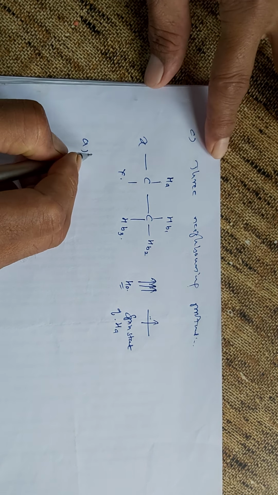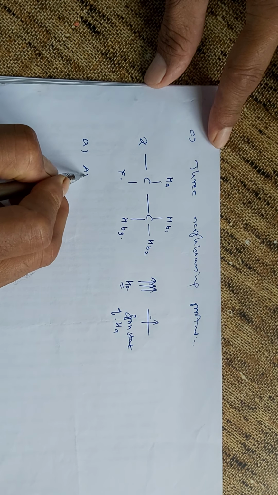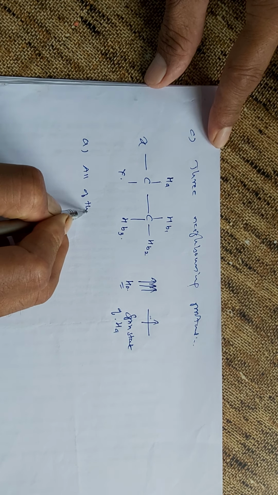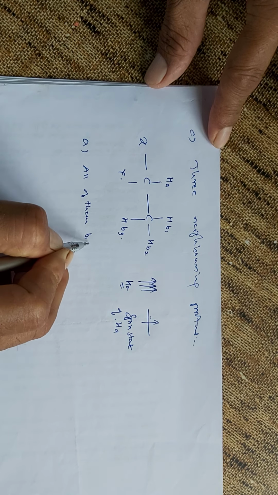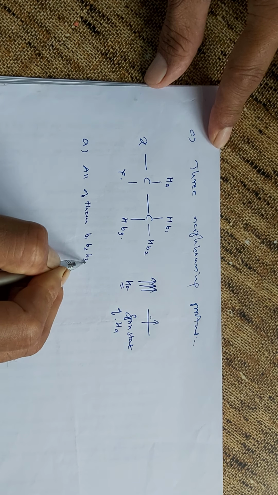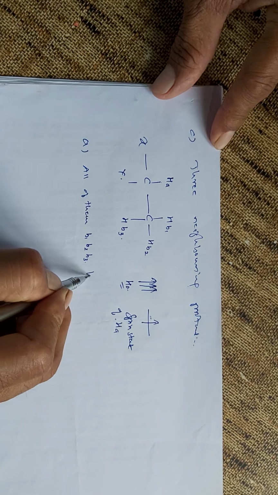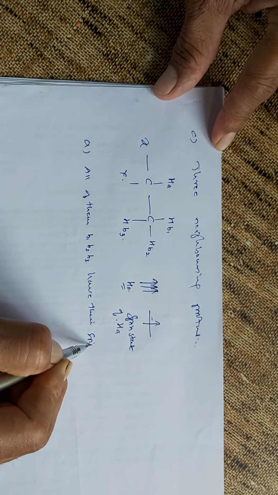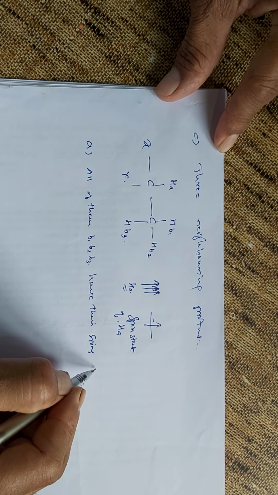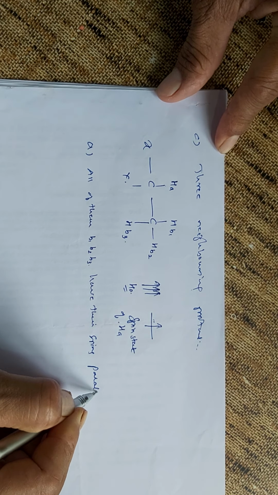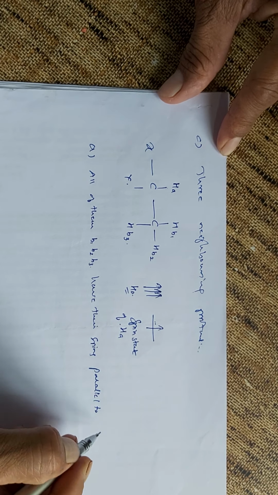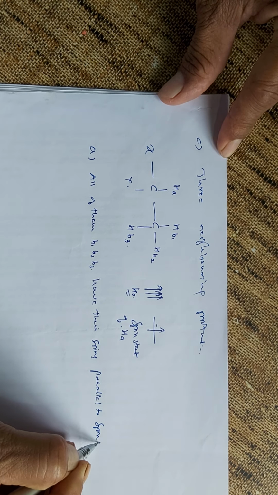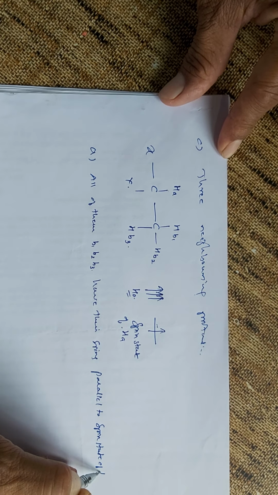In the first, all of them, that is B1, B2, and B3, have their spins parallel to the spin state of HA.